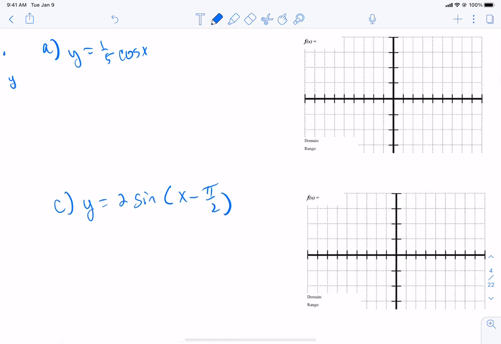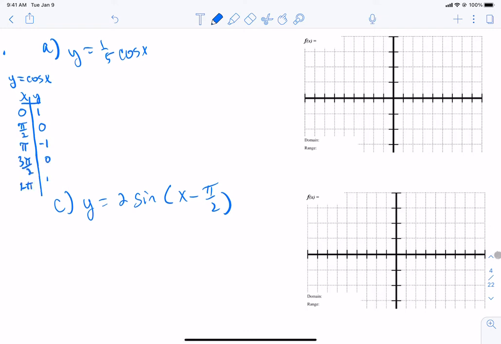So if we had y equals the cosine of x, the 5 points that work really nice are 0, 1; pi over 2 is at 0; pi is at negative 1; 3 pi over 2 is at 0; and 2 pi is at 1.